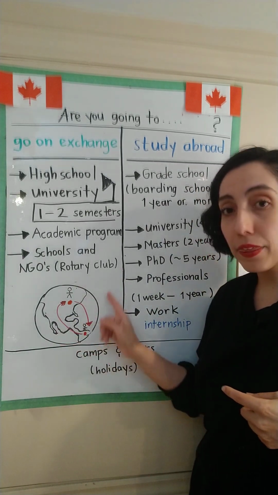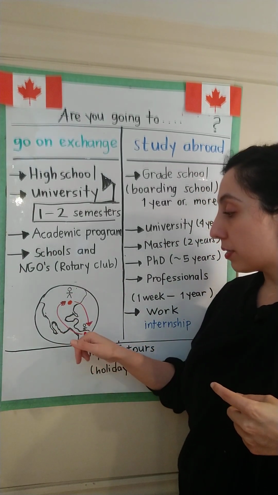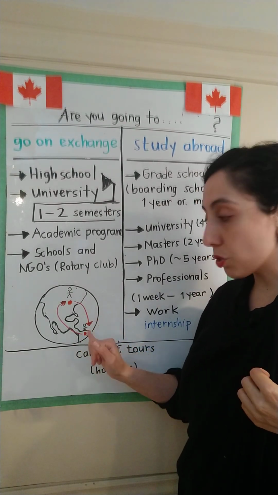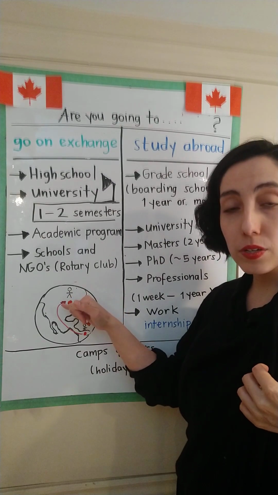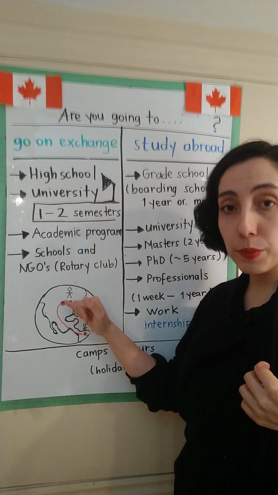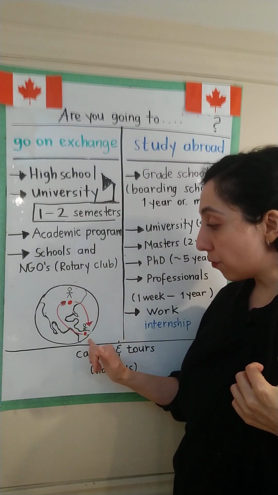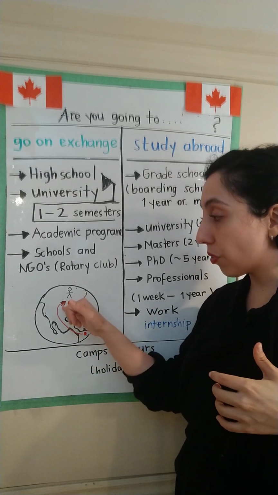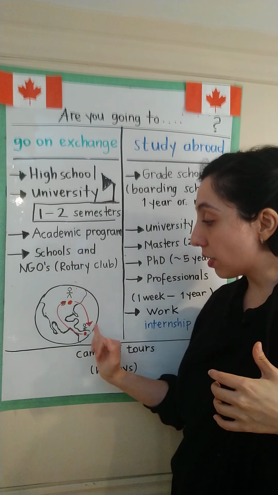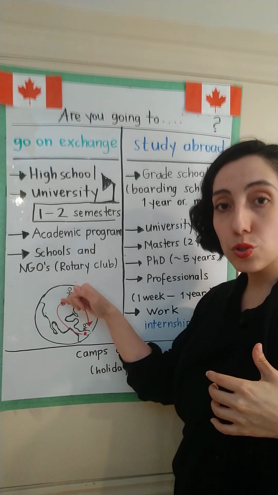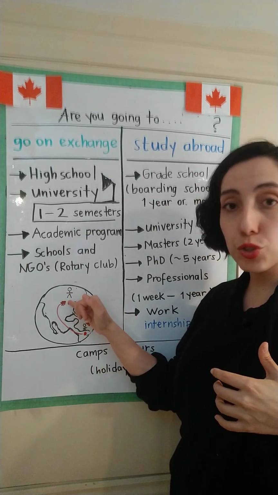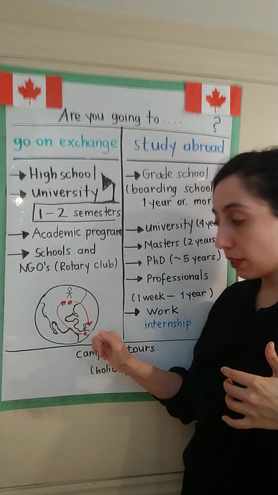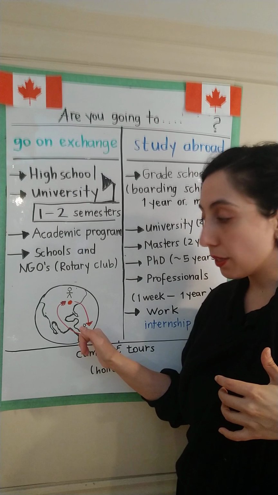So let's look at this picture. Let's say that there is a student somewhere in Latin America who wants to go to the US to study 1 semester or 2 semesters. If his or her university has an agreement with a university in the US, this student can go to the US and take the same classes that he or she would be taking in his country of origin.